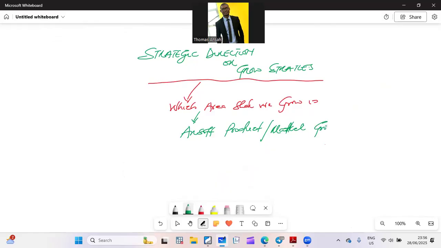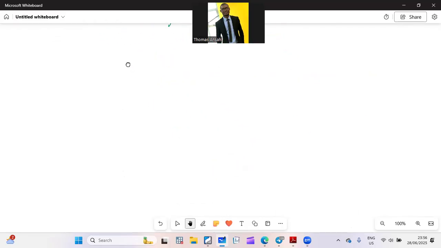So we use the Ansoff matrix here. It's one of the powerful things. Now, Ansoff talks about 5 basic directions in organizational growth. So let's look at what the Ansoff matrix helps us to do.